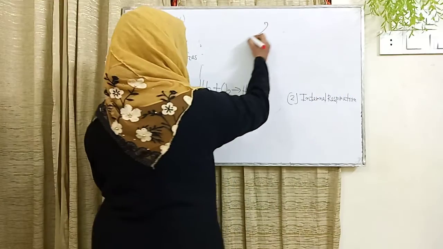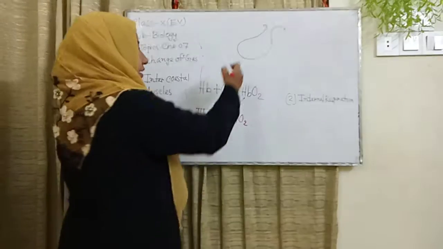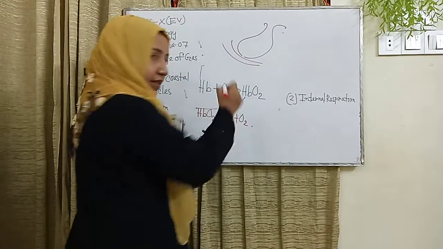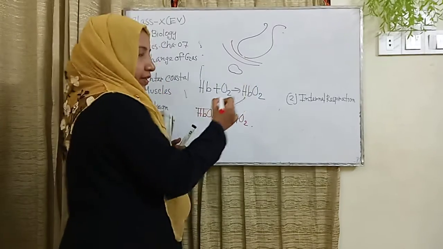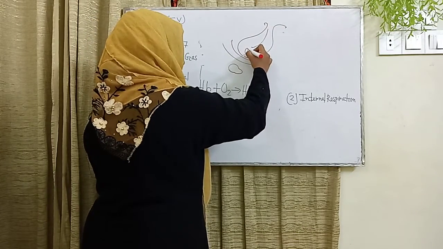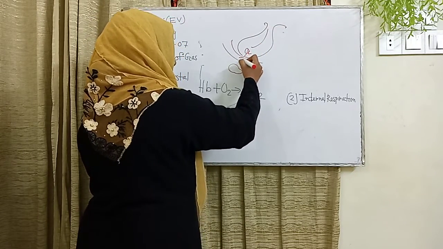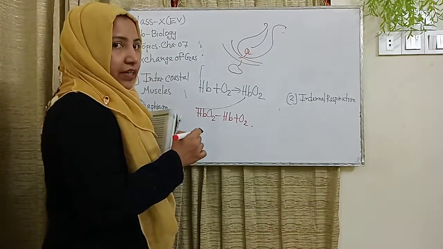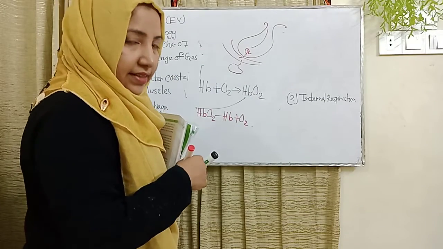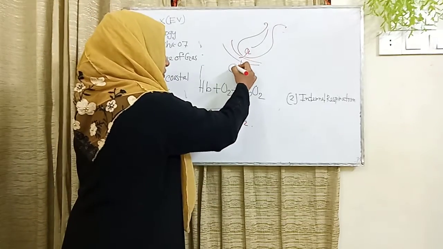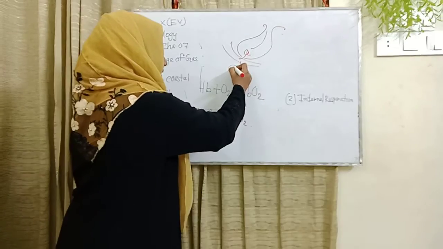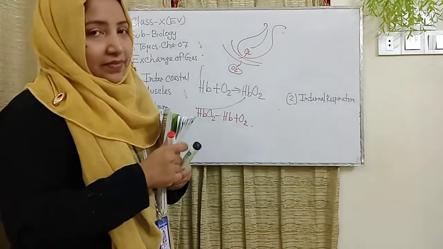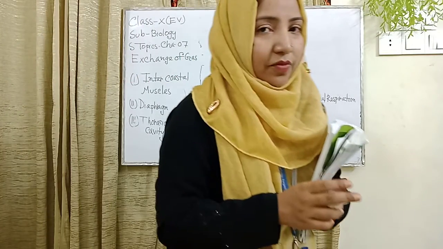The first structure is alveoli, the second structure is the capillaries, the third structure is the blood, and the oxygen enters and reaches the capillaries and then the lymph. Then the lymph penetrates the cell's membrane and the oxygen enters the cells. This is also another name for absorption of oxygen.